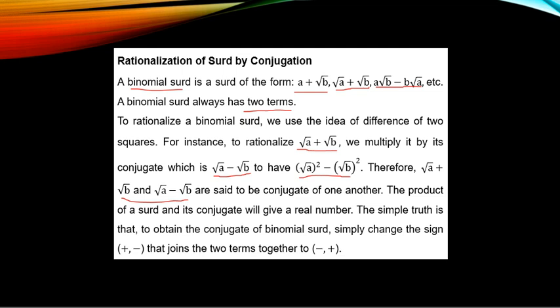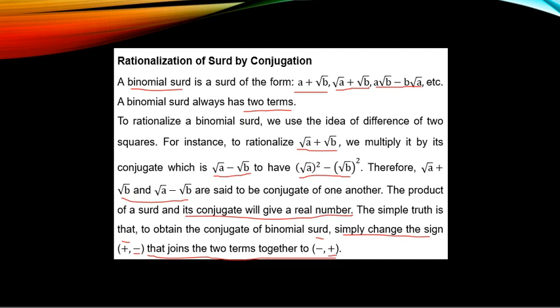The product of a surd and its conjugate will give a real number, that is, a number without a square root sign. You must know that. The simple truth is that to obtain the conjugate of a binomial surd, simply change the sign that joins the two terms together. You change plus to minus and you change minus to plus.